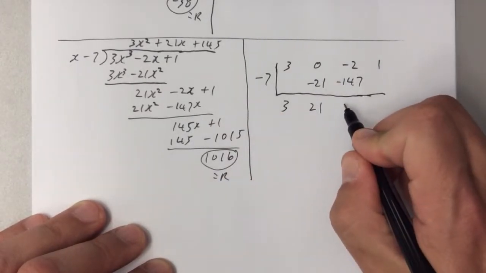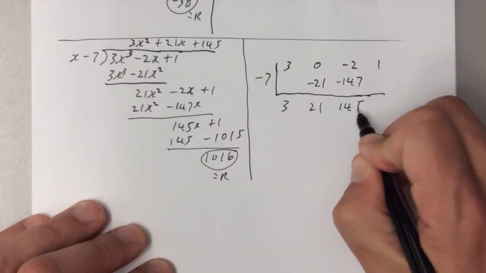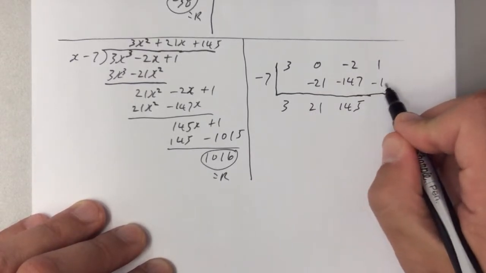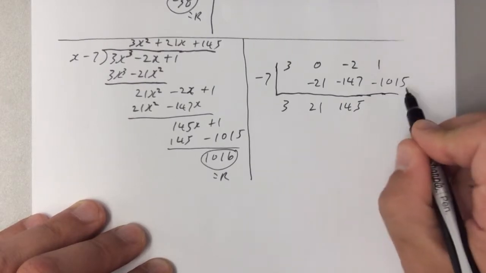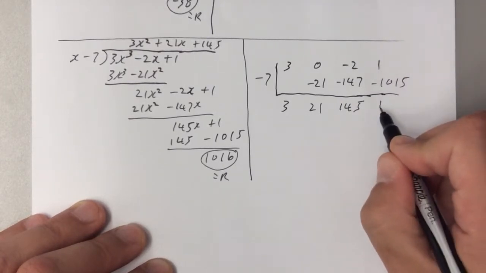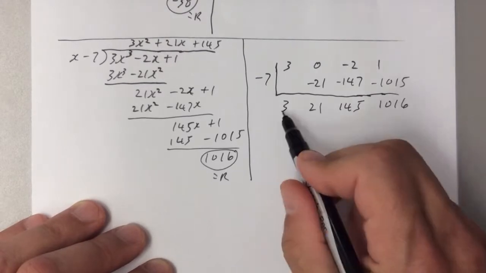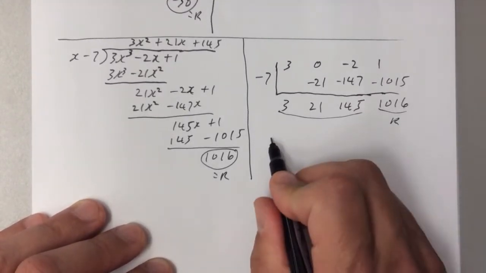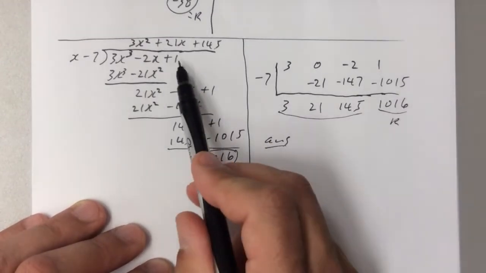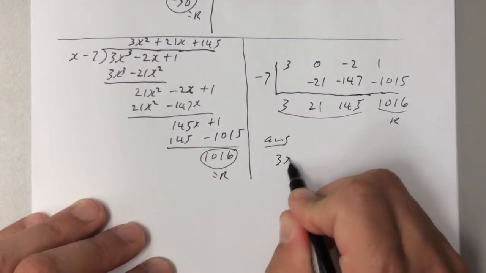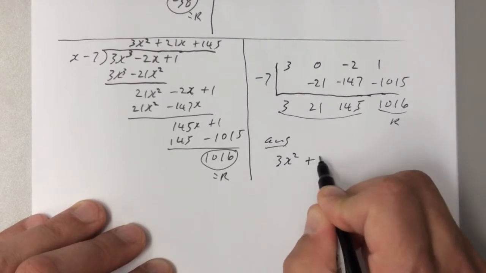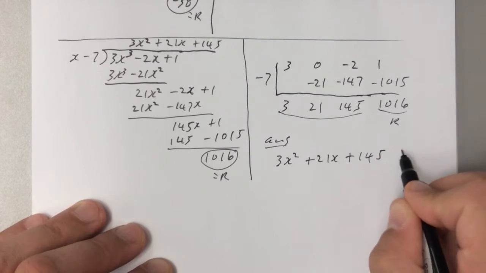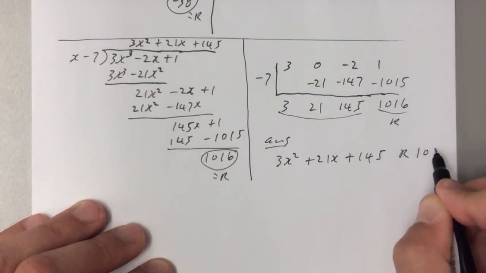Subtract them, and you get 145. Negative 7 times 145 is negative 1015. 1 minus that is 1016. Okay, so there's the polynomial, there's the remainder. So the answer is, as we've got up here, 3x squared plus 21x plus 145 with a remainder of 1016.